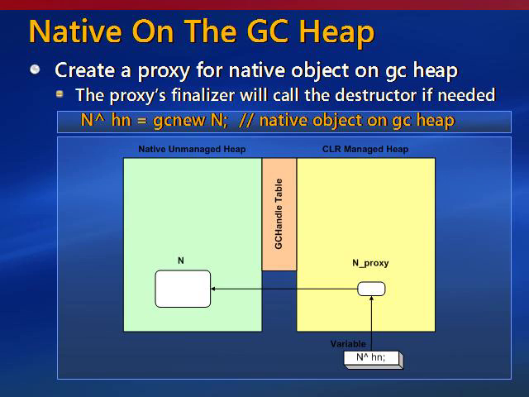So we start off by saying that we are going to create a proxy. If you gcnew a native type, we just create this very small proxy, and that proxy is responsible for managing the lifetime of N. As long as I refer to that proxy, N is going to stick around. Once I lose all of my references to it, that proxy is going to be garbage collected, and its finalizer is going to clean up N. If N had a finalizer, this would be an opportunity for the proxy to call that finalizer.